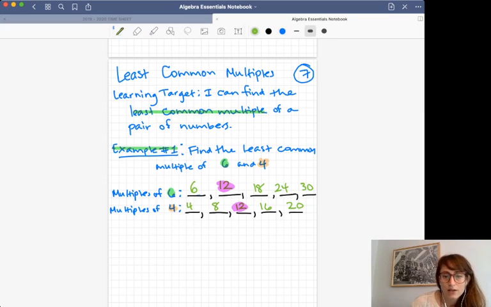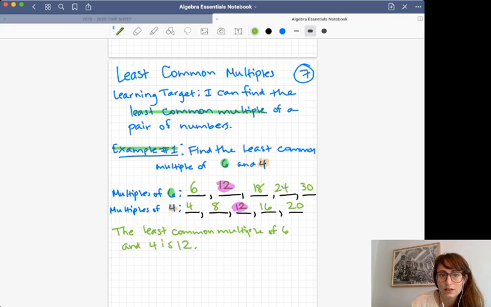So that actually gives me my answer. The least common multiple of 6 and 4 is 12. And that's my final answer.